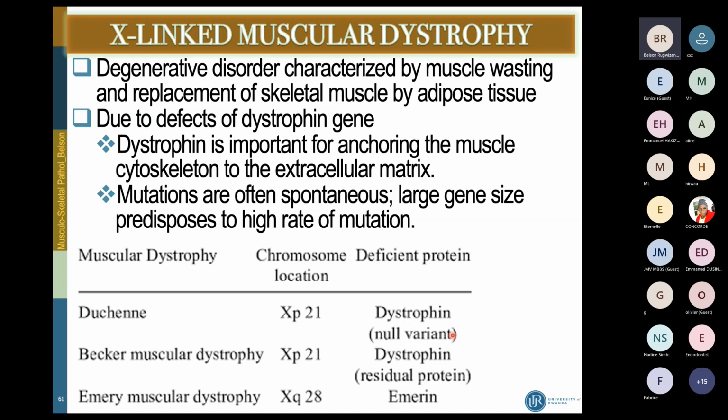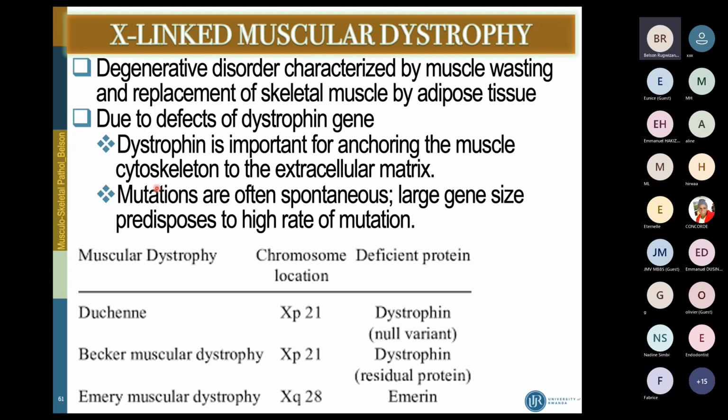So this is due to dystrophin gene. The dystrophin gene is important for anchoring the muscle skeleton to the extracellular matrix. Mutations are often spontaneous. Large gene size predisposed to high rate of mutation.